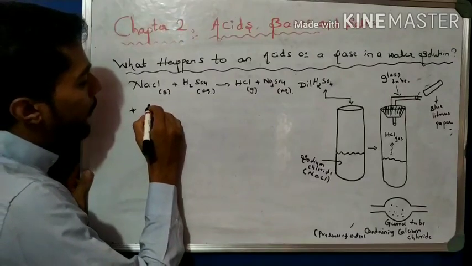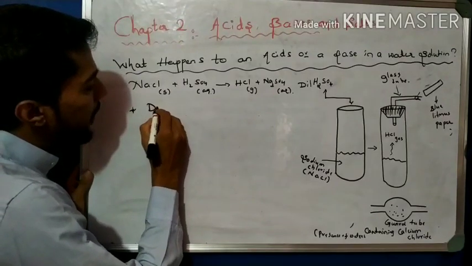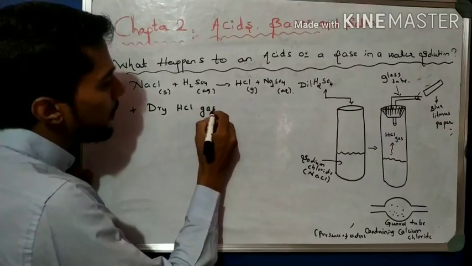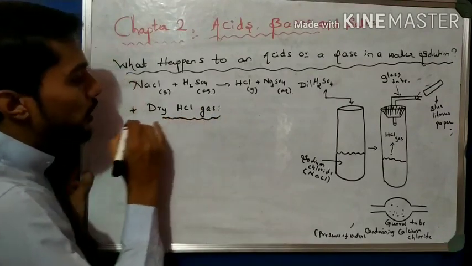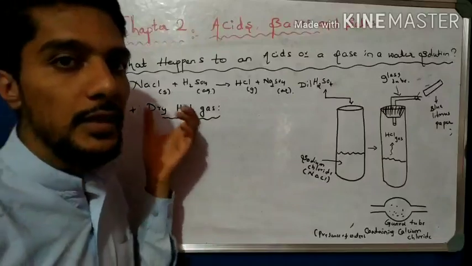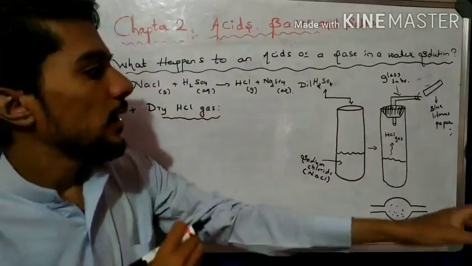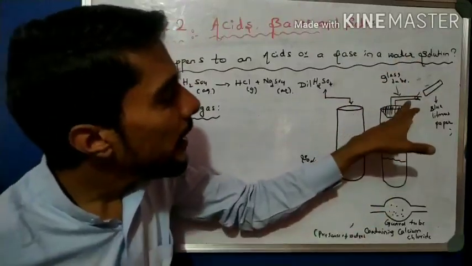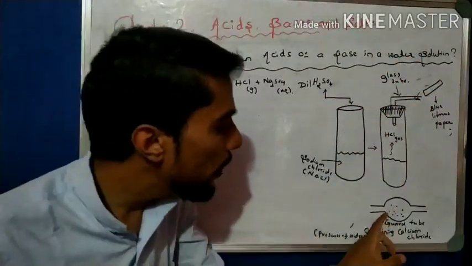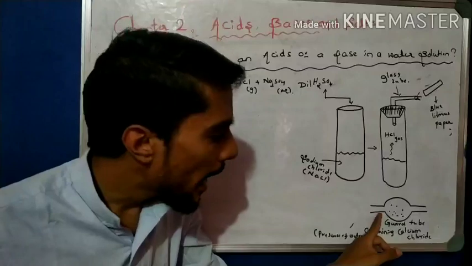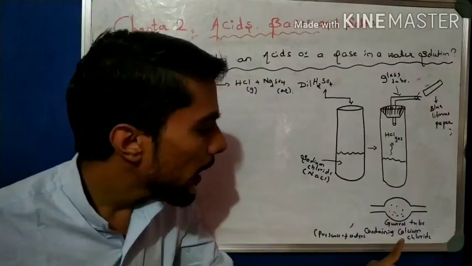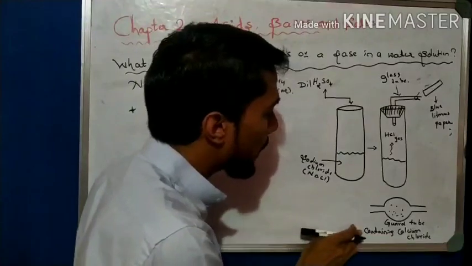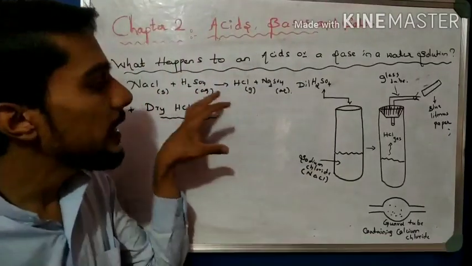First I take dry HCl gas. Dry means there is no water droplet present in this gas, right? So how do we make this gas dry? For that, in the place of this glass tube, we fix a guard tube, and in the guard tube we fill calcium chloride, and that calcium chloride can absorb the water molecules present in the HCl gas.